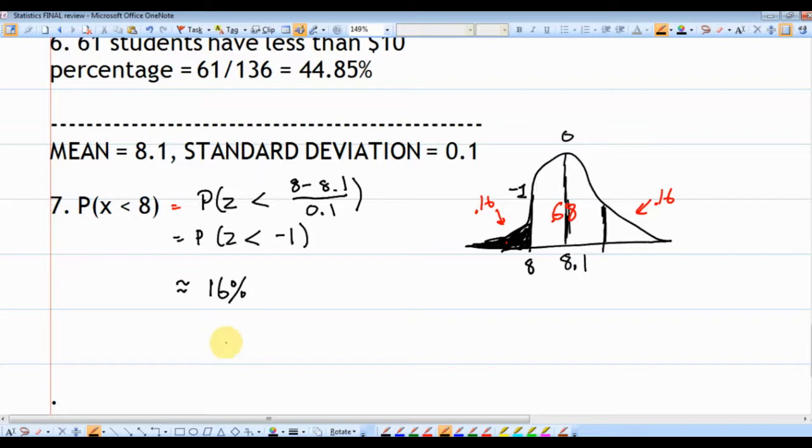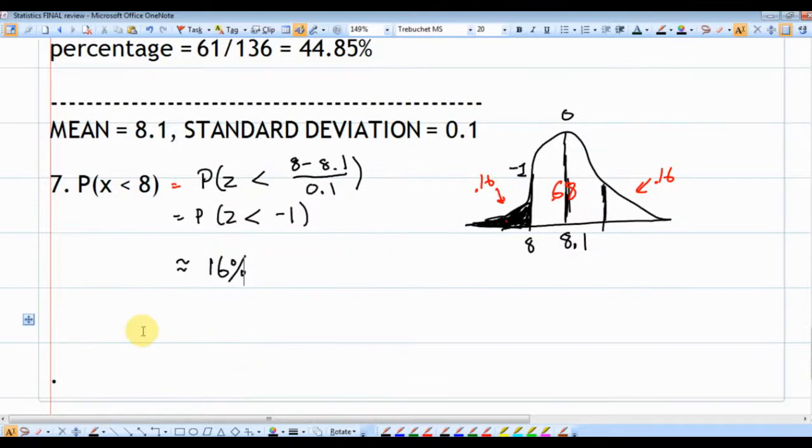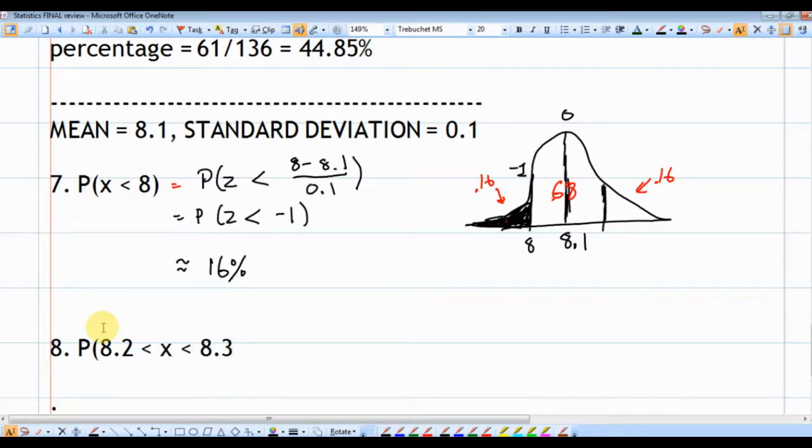Proportion between 8.2 and 8.3. Again, we're going to do this by converting to z-scores.